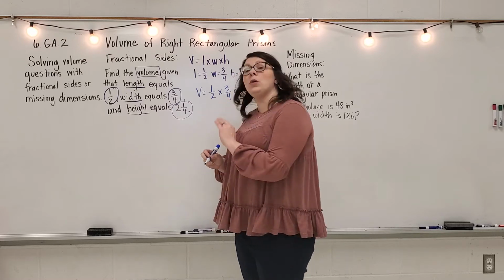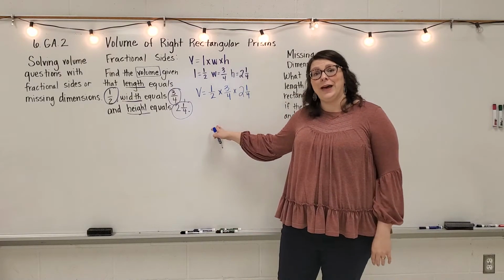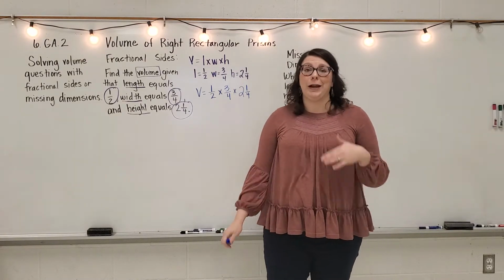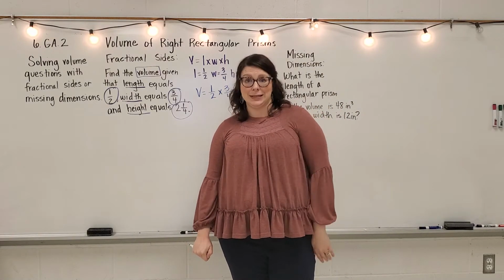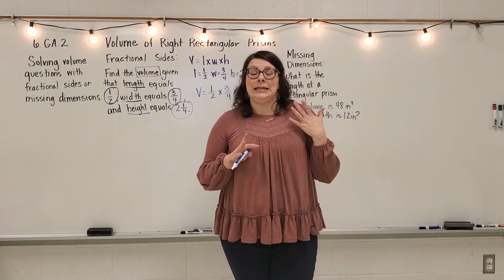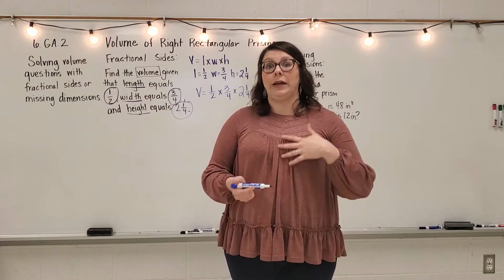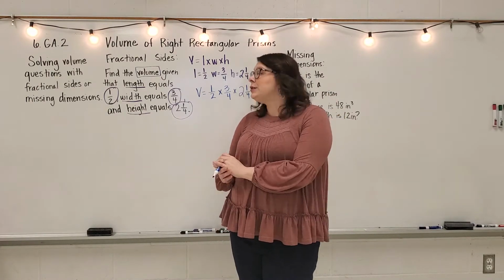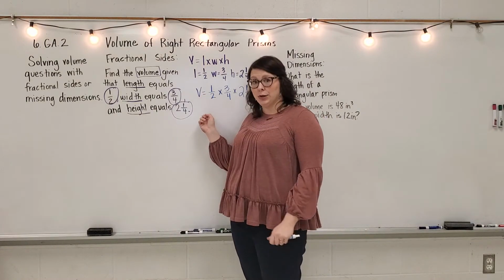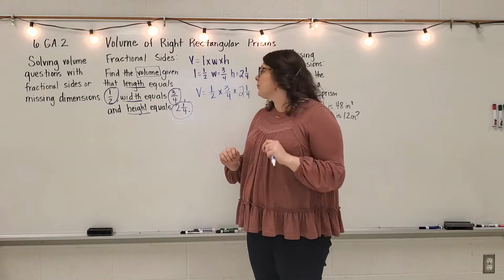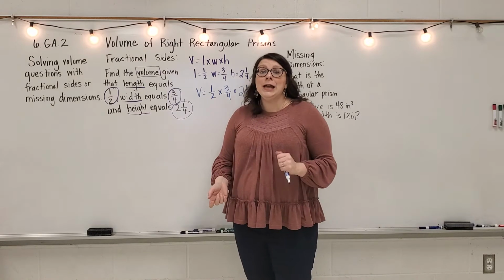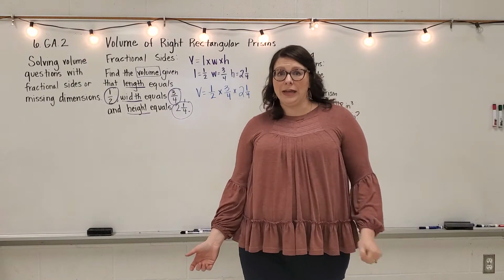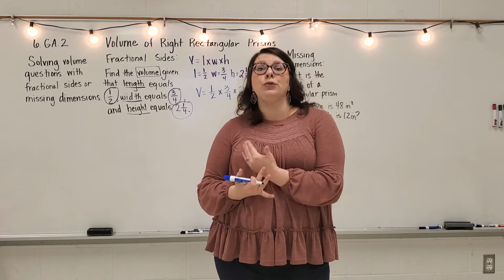Now, I want to stop here and let you know that hopefully you remember that a fraction is equivalent to a decimal. You can find a decimal by typing it in your calculator or dividing the numerator by the denominator. So for example, 1 divided by 2 is 5/10. 3 divided by 4 is 75/100. If you wanted to make these into decimals, you could.